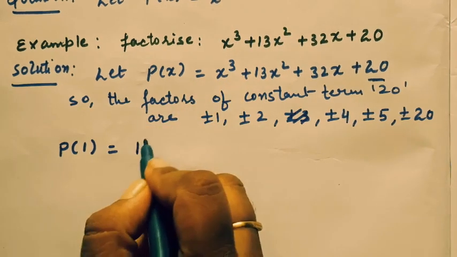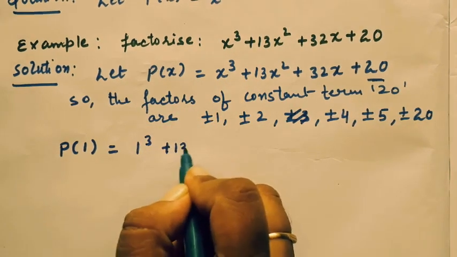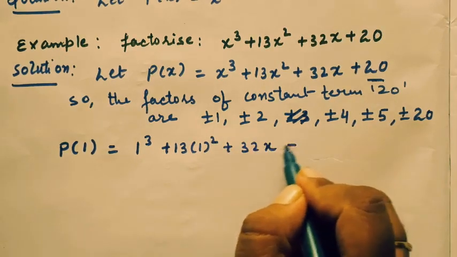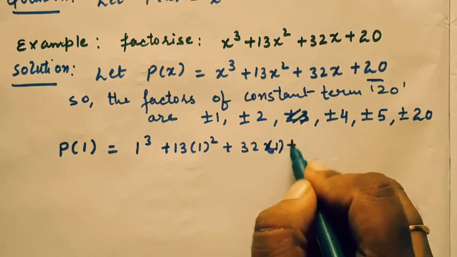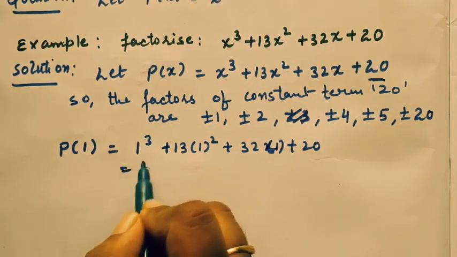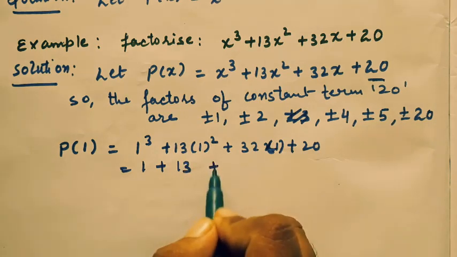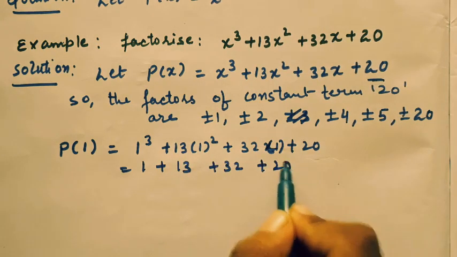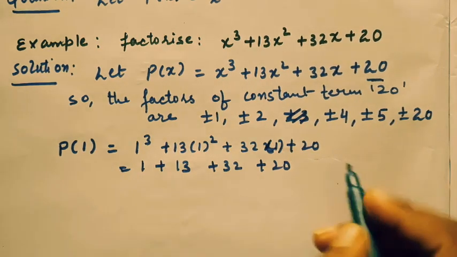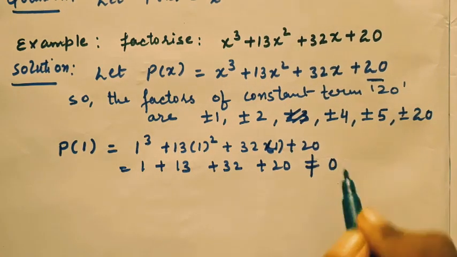So I get 1 cube plus 13 into 1 square plus 32 into 1 plus 20, that is 1 plus 13 plus 32 plus 20. In no way can I get 0 here, so I can say it is not equal to 0.